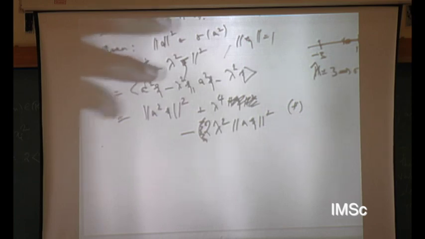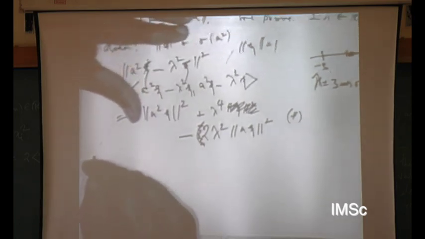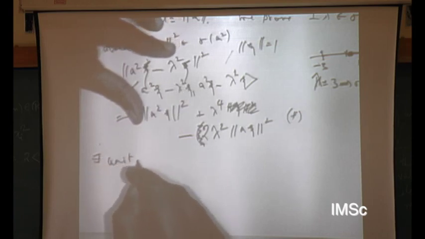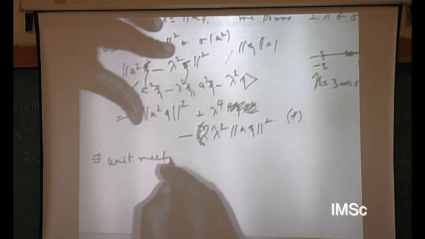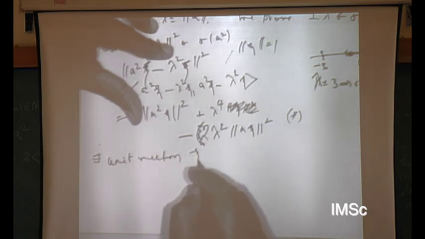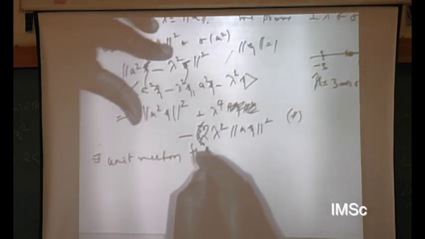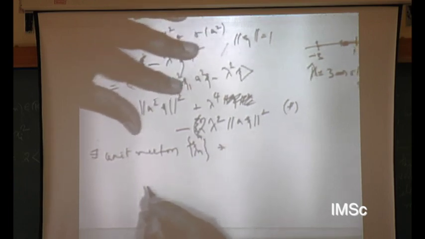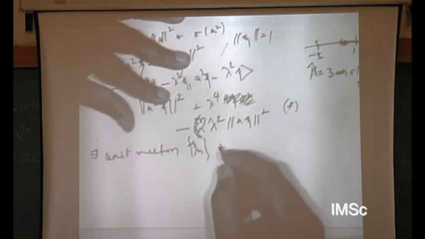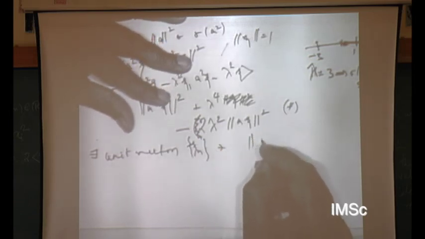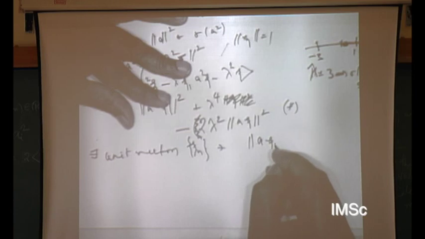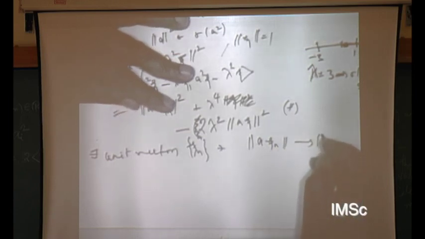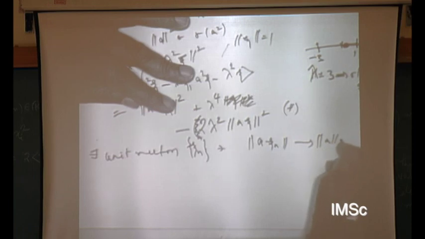So there exist unit vectors psi n such that norm of A psi n converges to norm A, which is our number.